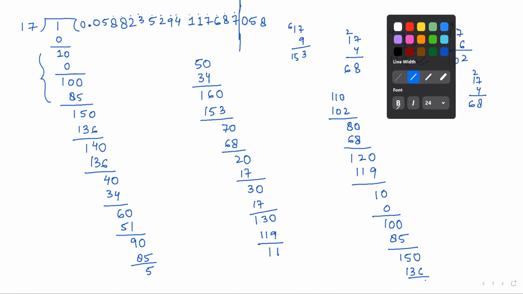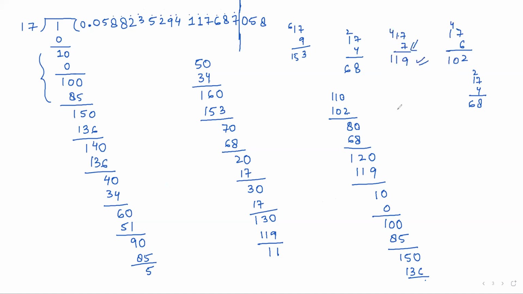Count again. Yes, 16. So you will write that the remainders start repeating after 16 divisions, right? 16 times we have divided, and after that, the remainder has started repeating.